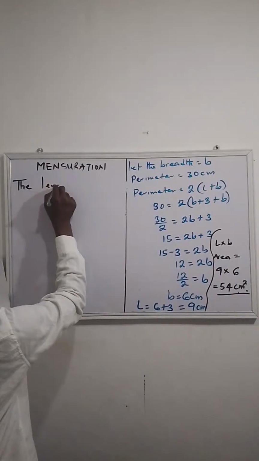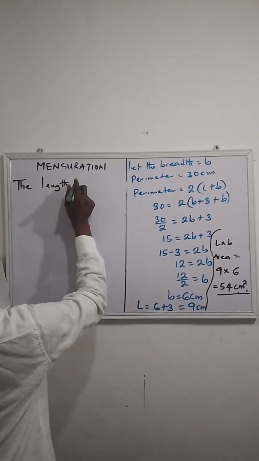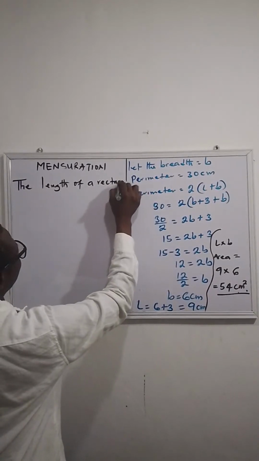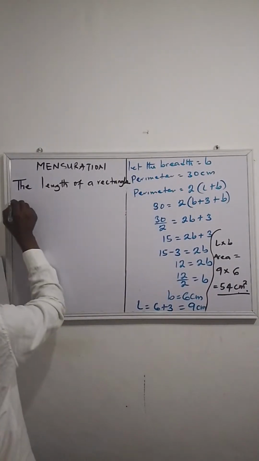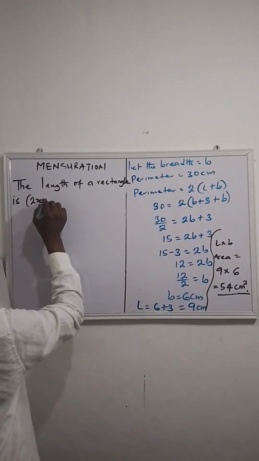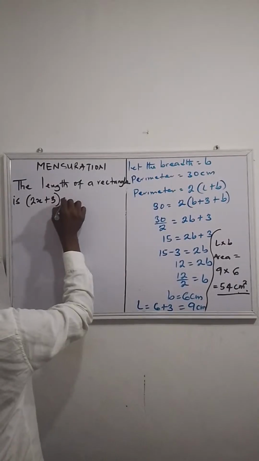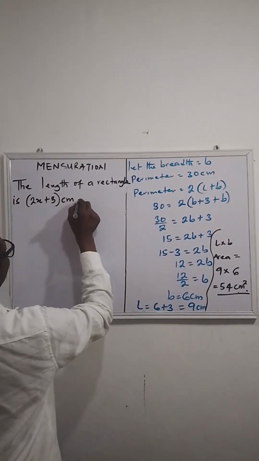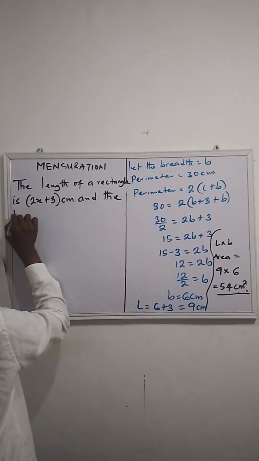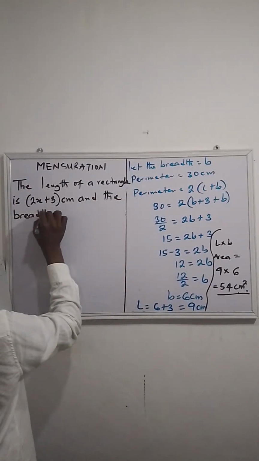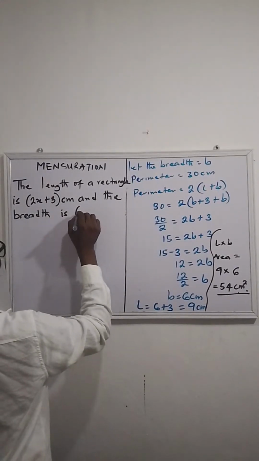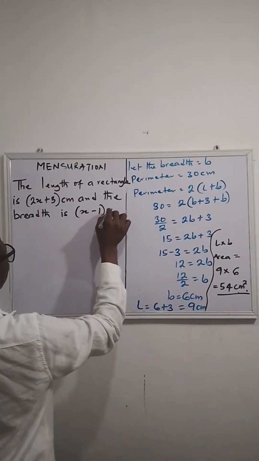The length of a rectangle is 2x plus 3 in centimeter, and the breadth is x minus 1 in centimeter.